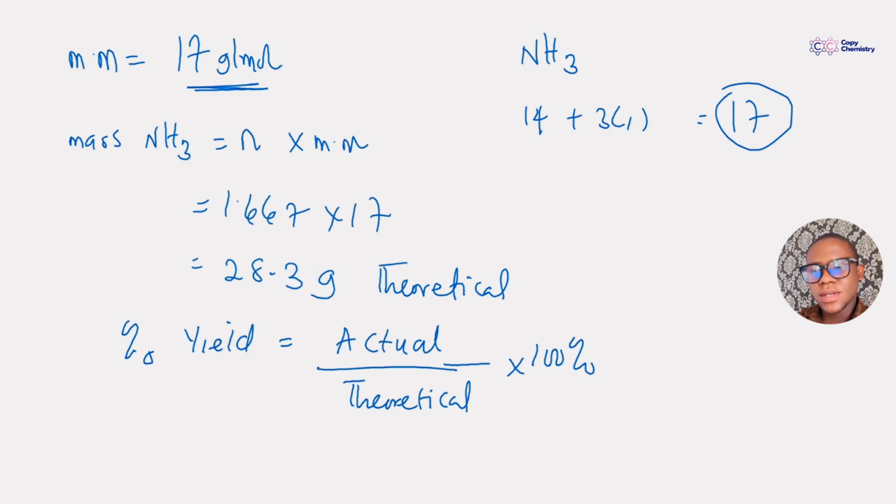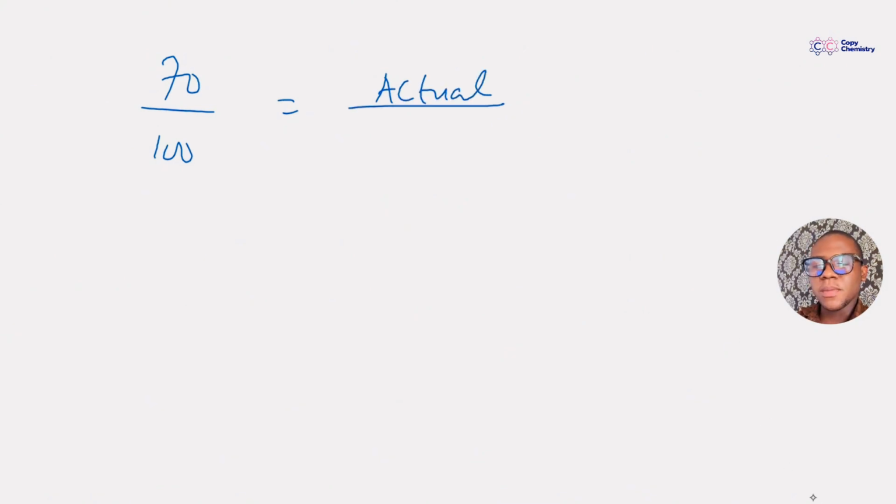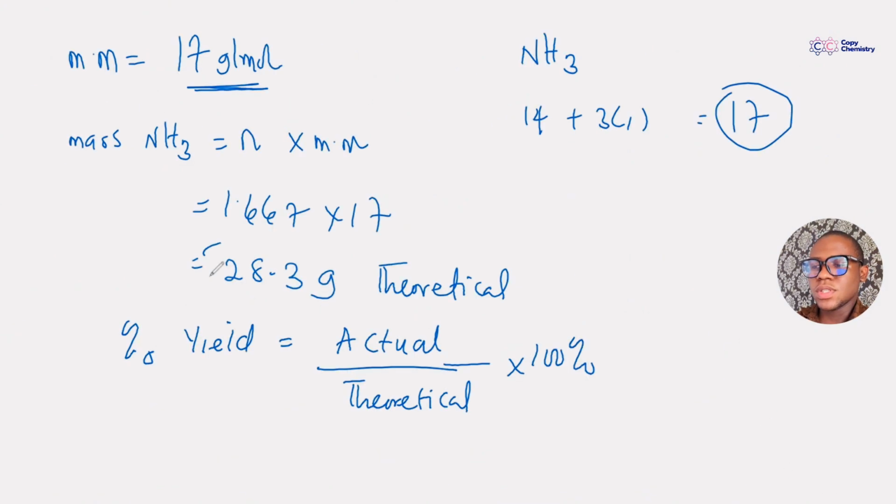So that means the percentage yield we're given, which is 70%, I can write that this way. 70% is the actual yield divided by the theoretical yield, which is 28.3.